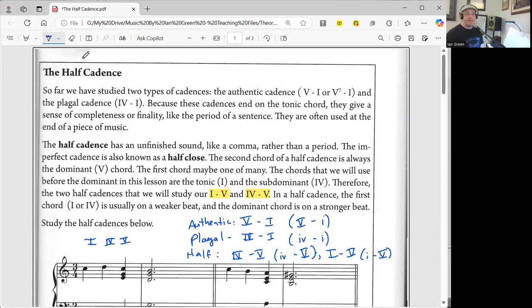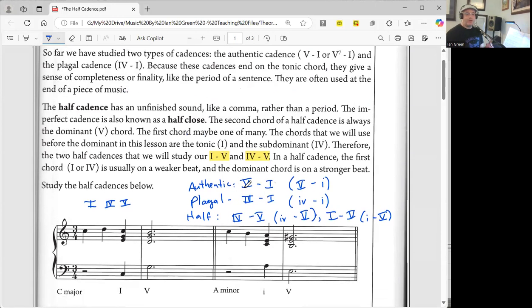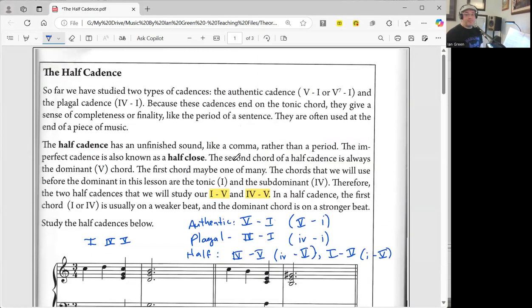One type of half cadence is from 1 to 5 or from 4 to 5, also known as the tonic going to the dominant chord or the subdominant chord going to the dominant chord. And the half cadence feels unfinished because we finish the cadence on the dominant chord, the fifth note of the scale. So it feels like the music needs to go somewhere else. It feels like the music is unfinished.